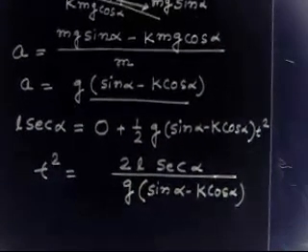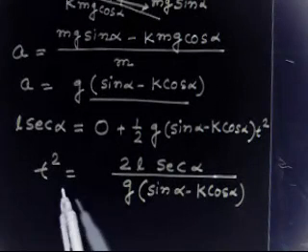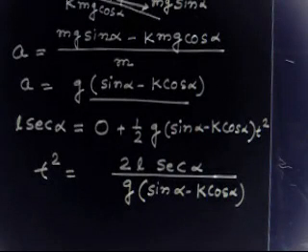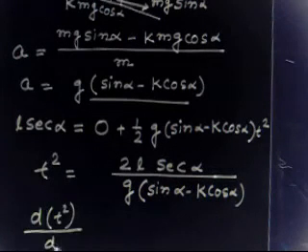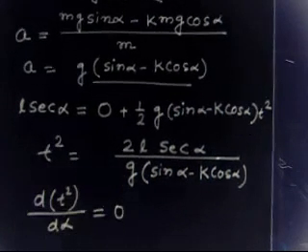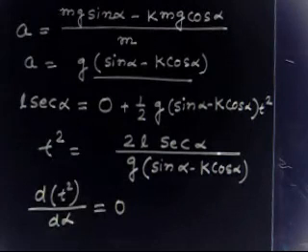I need minimum time, so t is a function of alpha. So I need t minimum, which means t square should also be minimum. So I can always differentiate with respect to alpha and put it equal to 0. In that case I will get the value of alpha. Now this is the differentiation. You do it yourself.